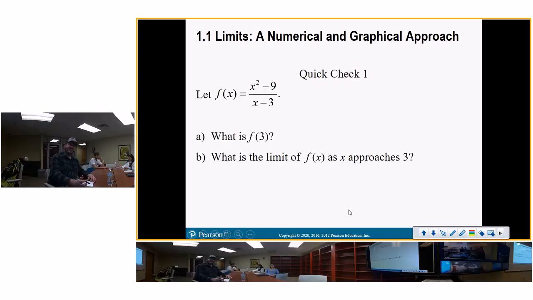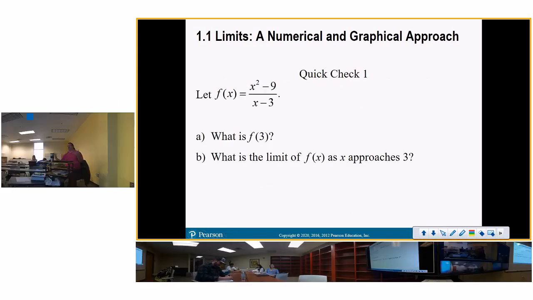All right. Now write this one down because this is the type of question that I would give you on a test. What you should be able to do with these questions, I want you to graph it on your calculator so you can see what's happening. I want you to sketch it, and I want you to answer the questions.